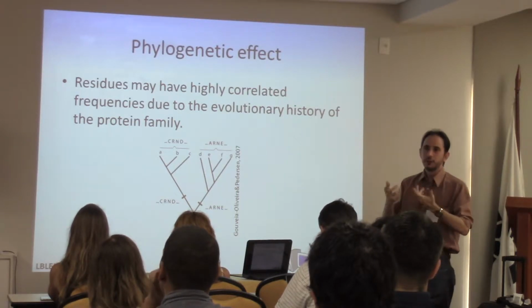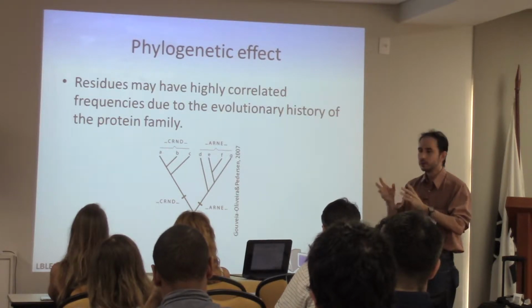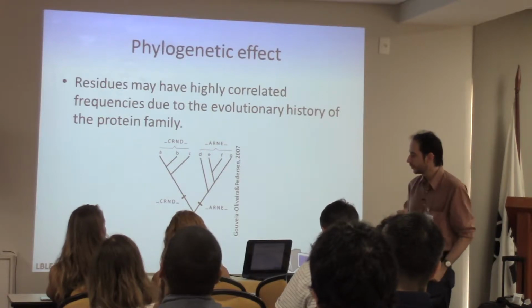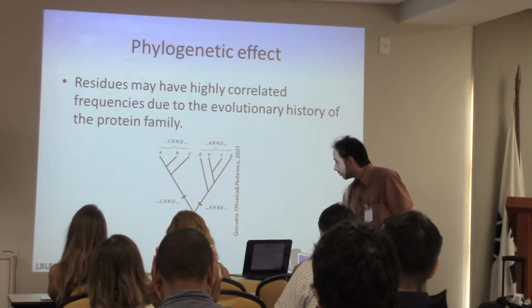Unless we are really trying to study how the protein family evolved, it's a sort of noise in our data. We have methods to try to get rid of those signals, because for what we are looking for, they don't add anything useful.